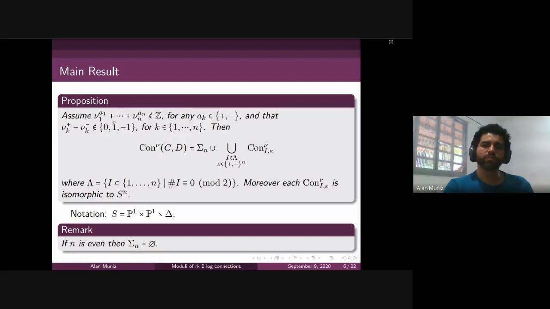These are the conditions that we are assuming the eigenvalues satisfy.